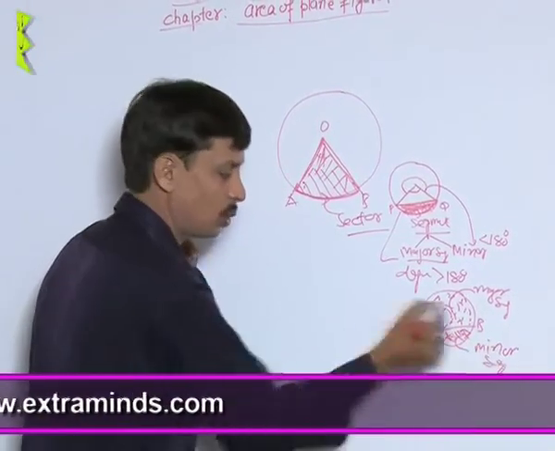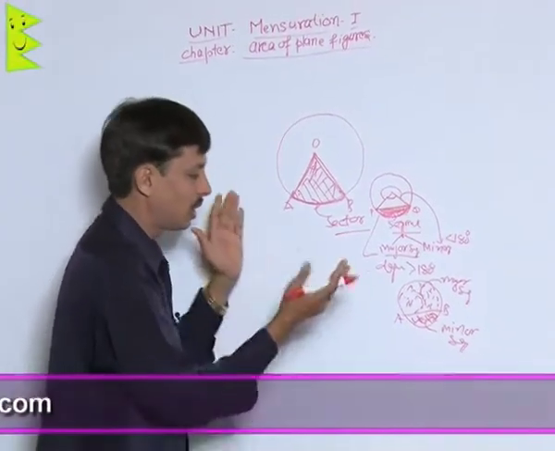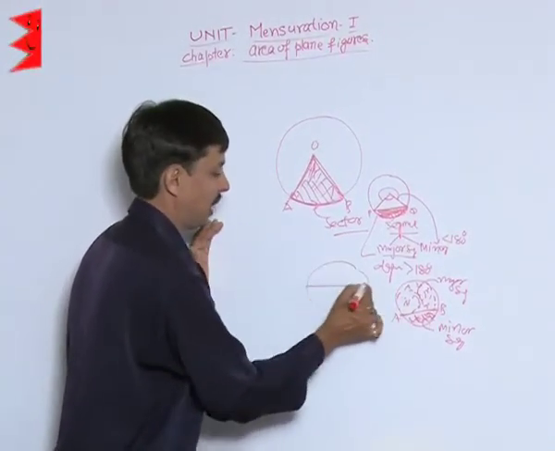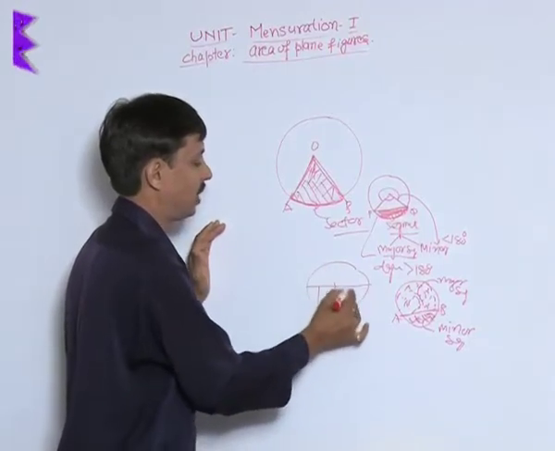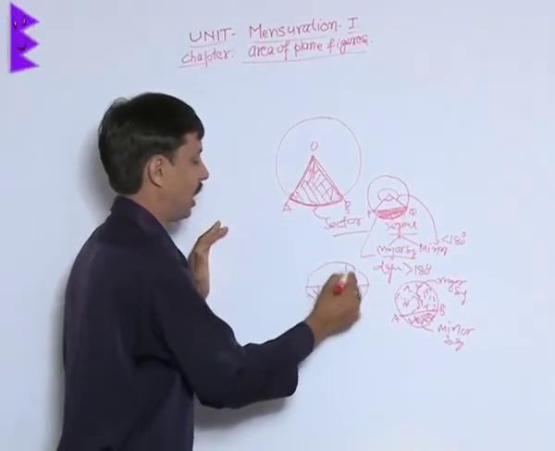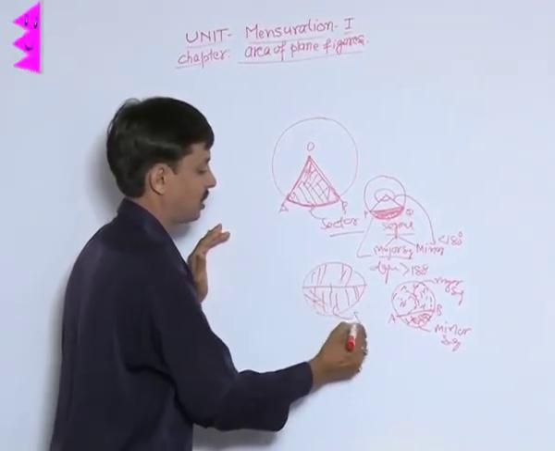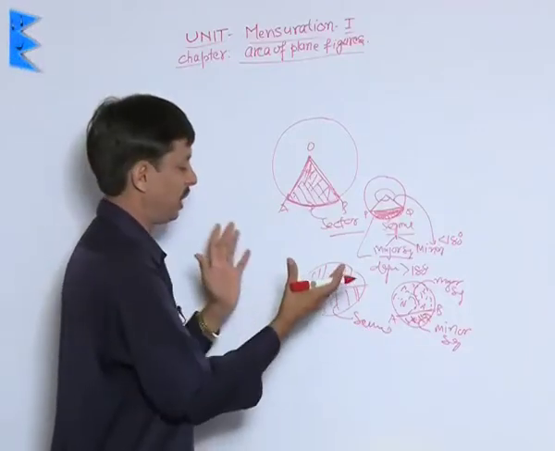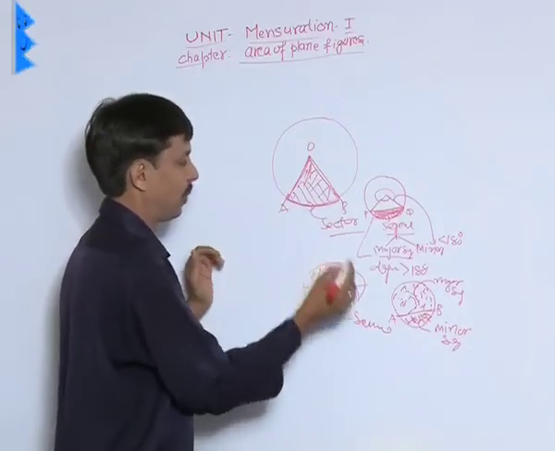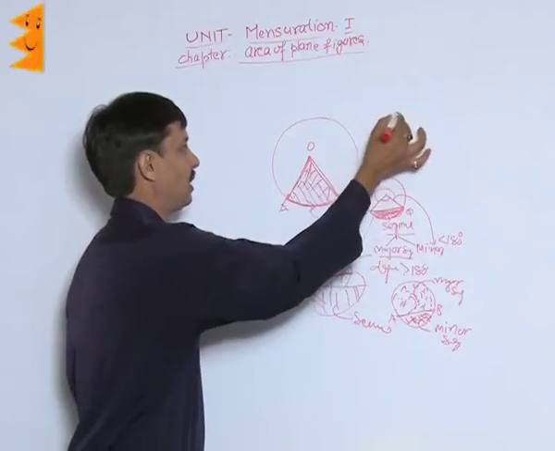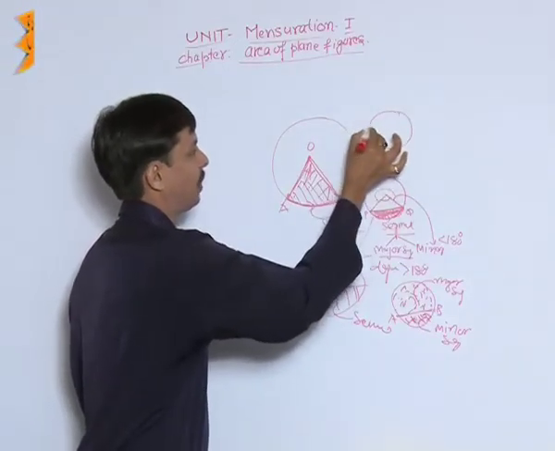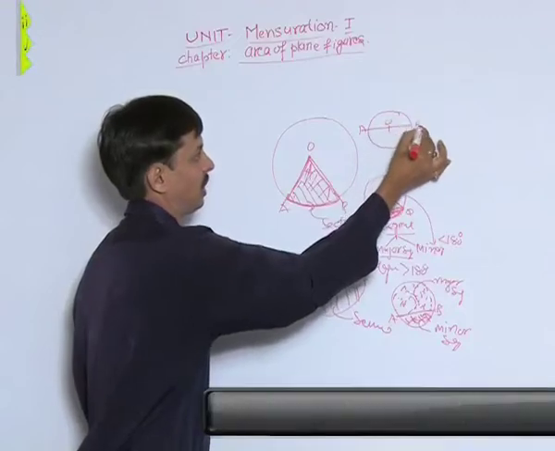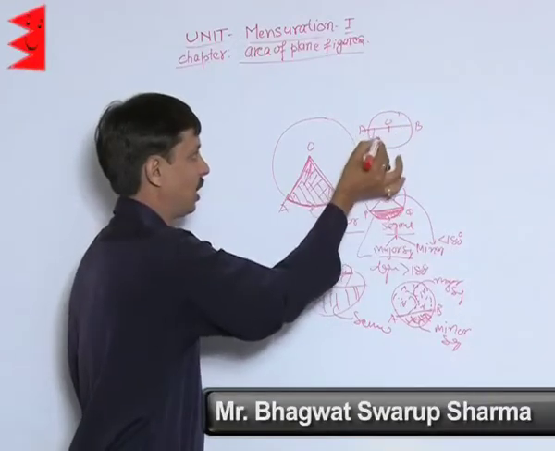So there are two segments, but in case this chord becomes the diameter, then the circle is classified into two equal parts, and we say it is a semicircle. But an important, interesting fact: if I have drawn a diameter, the longest chord passing through the center, then what is this AOB?